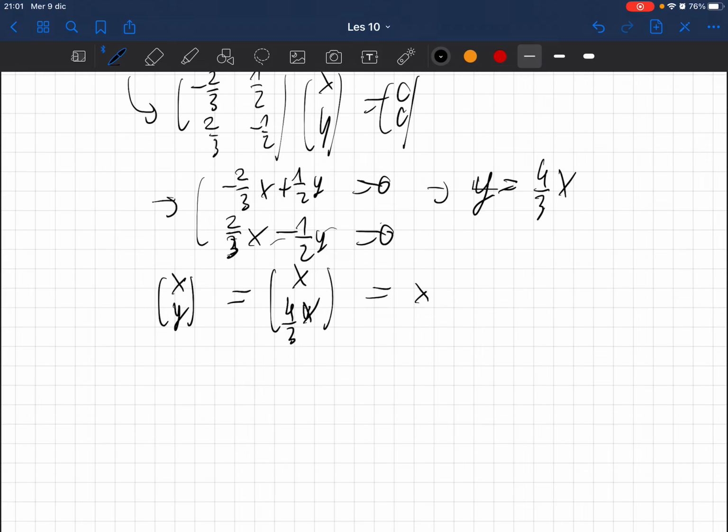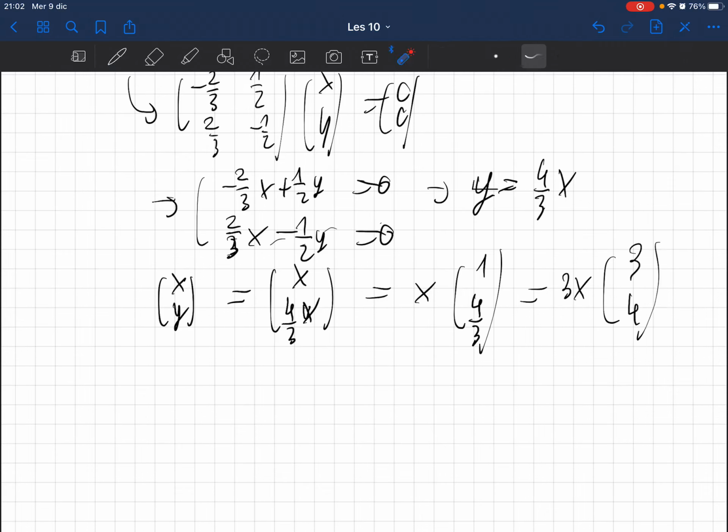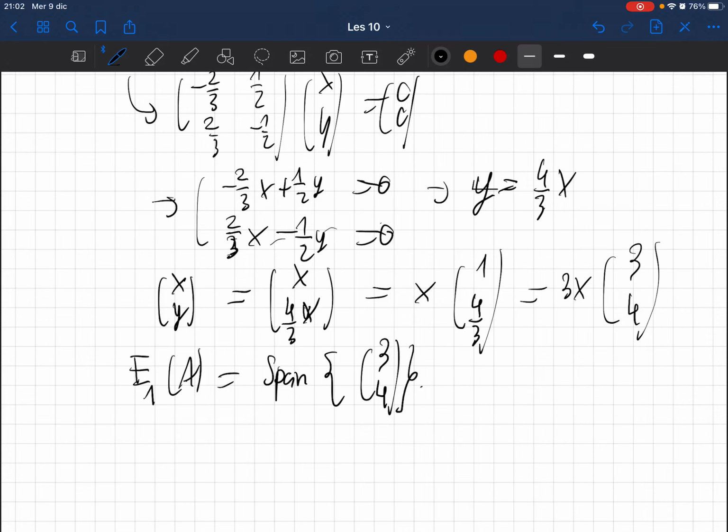You can do this with 1/4, but you can also rescale. You can take 3x and 4x, if you prefer integer numbers. So indeed, E1 of A is the span of (3, 4).